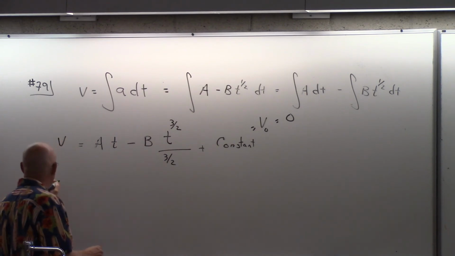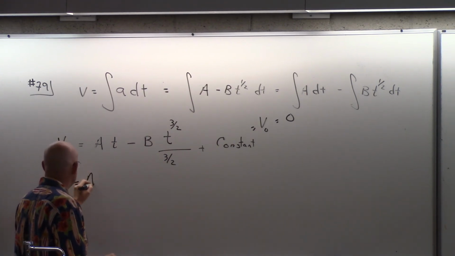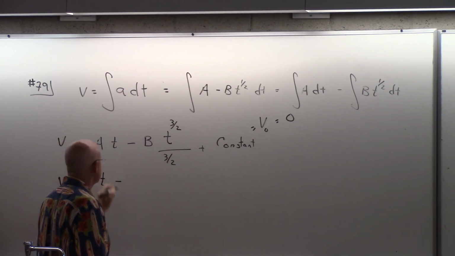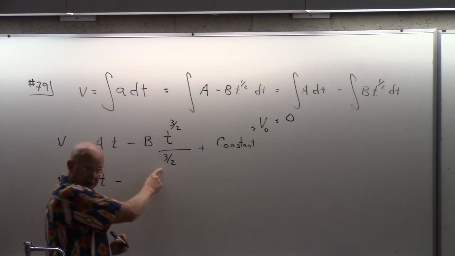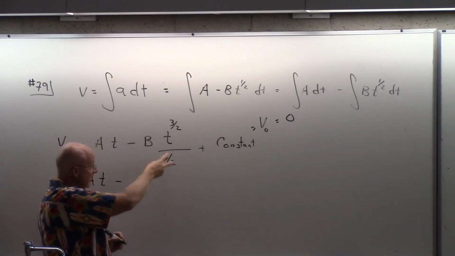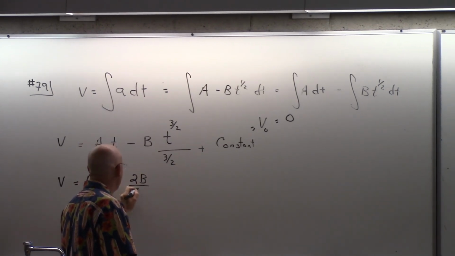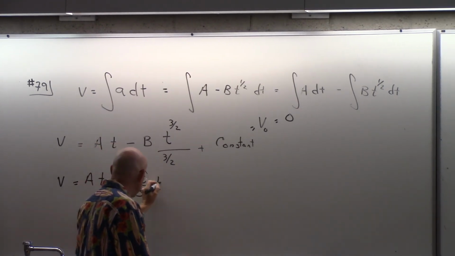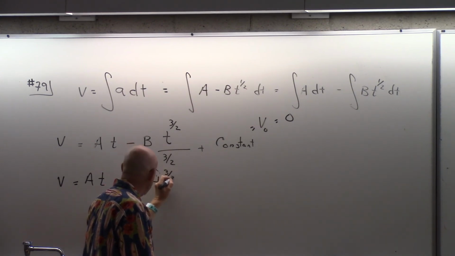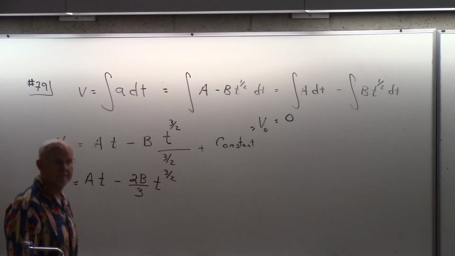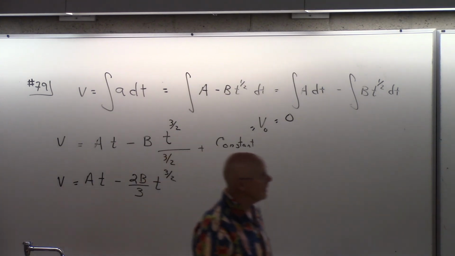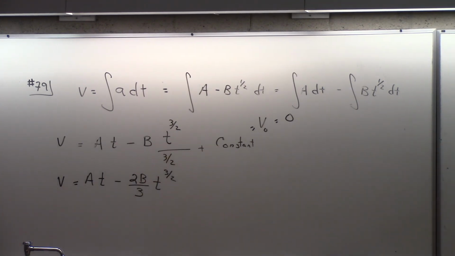And so the equation for the velocity becomes this. And we should probably simplify this fraction down here, so let's flip it. So this becomes 2b over 3 t to the 3/2 power. And so there would be my answer.